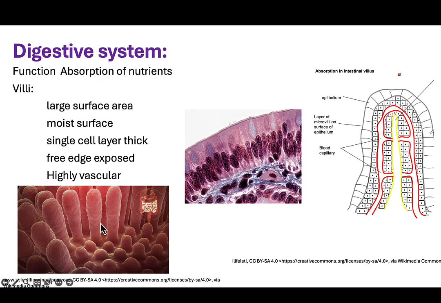So this is the tissue, and these are the cells. The tissue produces these finger-like projections that again increase the surface area really significantly. It's one layer thick, so it's easy for the nutrients to absorb across. It's highly vascular to take those nutrients through into the blood. And again, we've got this free edge that's exposed to the nutrients.